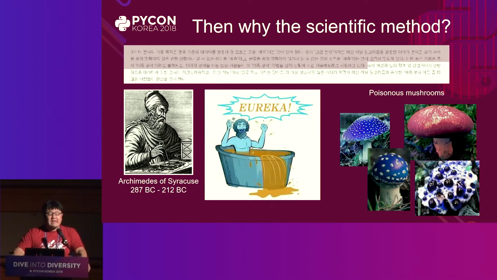How did he do that? He numerically proved that the flooded water is different from the gold. So he numerically defined the data of the mass and the density relation. So data was very important from the very past. It's not the recent era that we are using data.